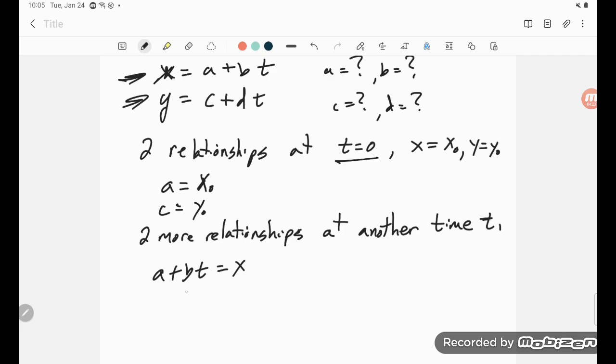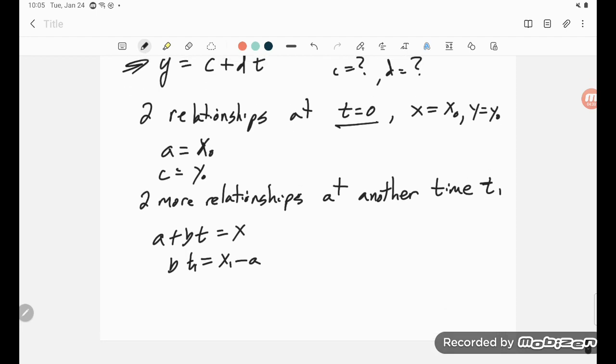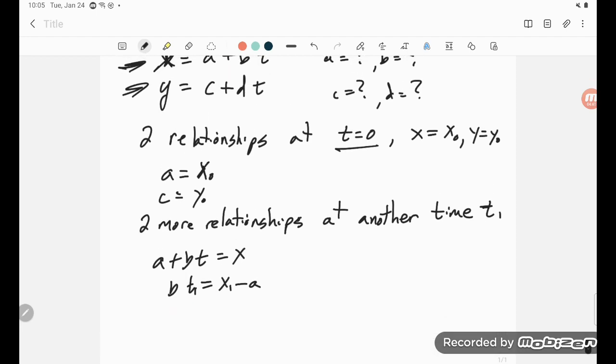We'll know the value of A. We don't know the value of B, but we know the value of T. We'll know the value of X. And so B is going to end up being X1 minus A over T1.